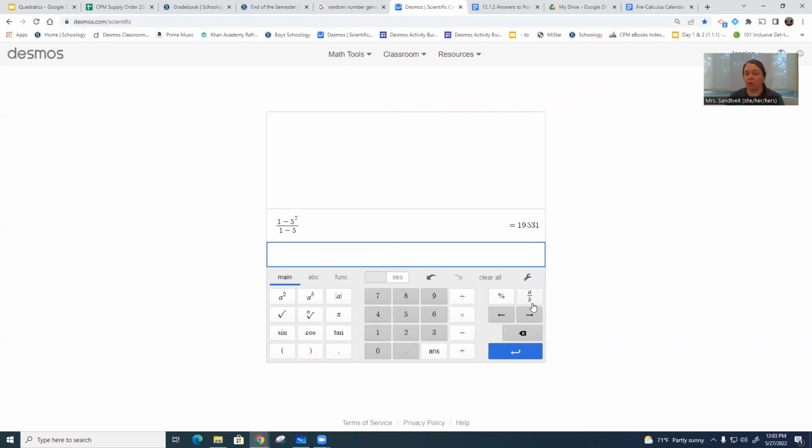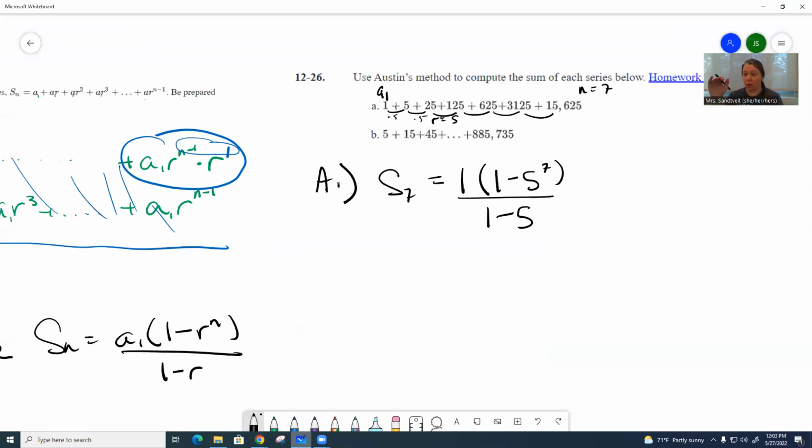If you're in Desmos, use the fraction bar. If you're using an Inspire, control divide will get you the horizontal fraction bar. Okay, so you put that all in. And then I had the answer on the screen. What did I have? 19,531.